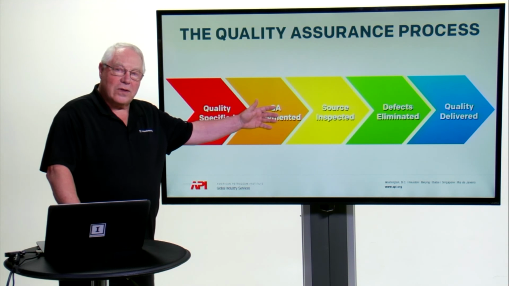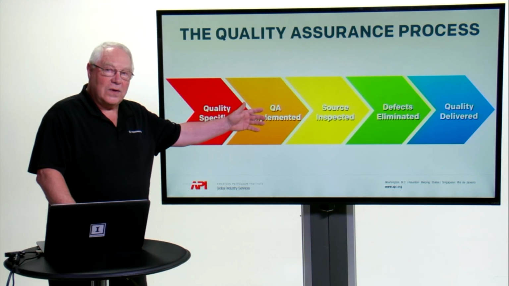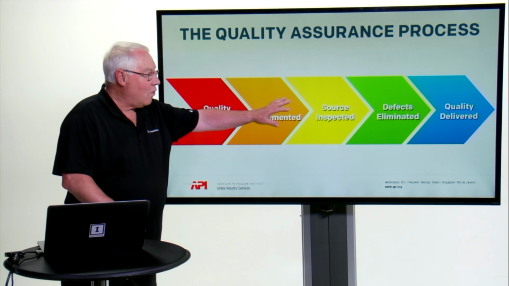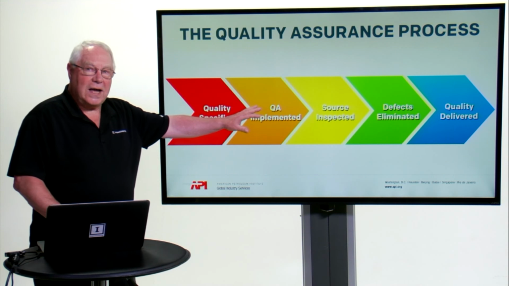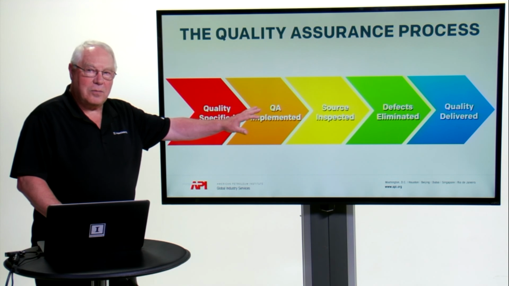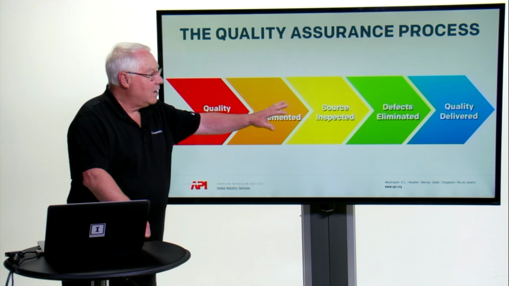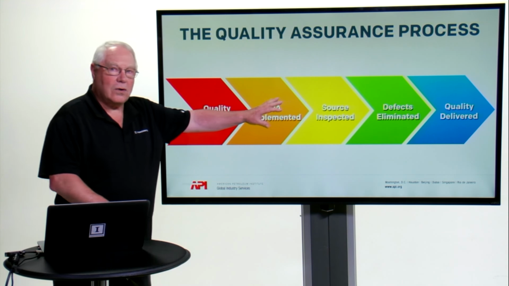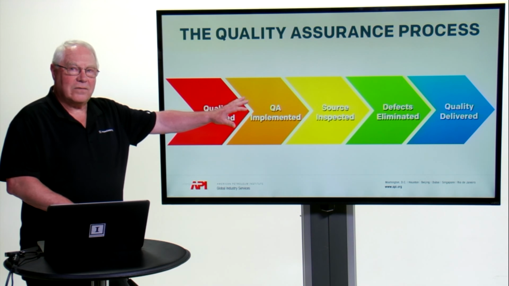Step 3, where the source inspector gets significantly involved and is in the shop making sure that things go right. Step 4, where any changes or defects are noted, recorded, and agreed upon as necessary. And step 5, where a quality product is finally delivered to the purchaser.